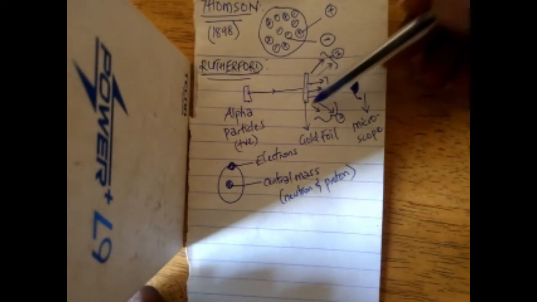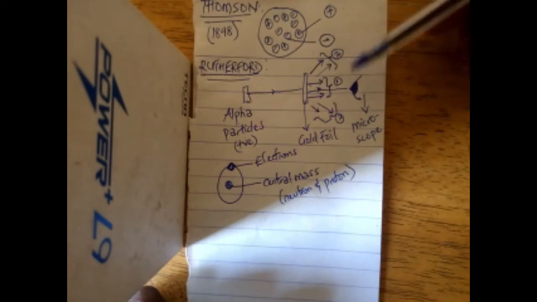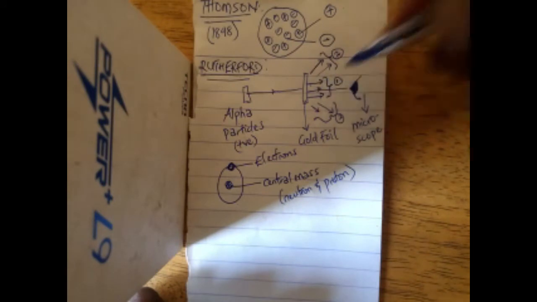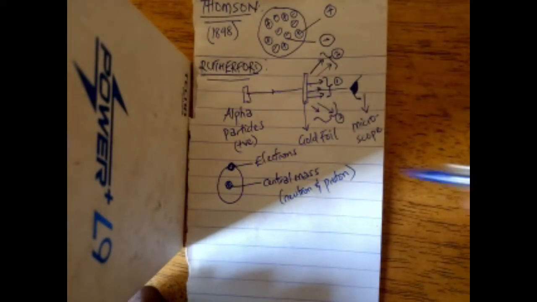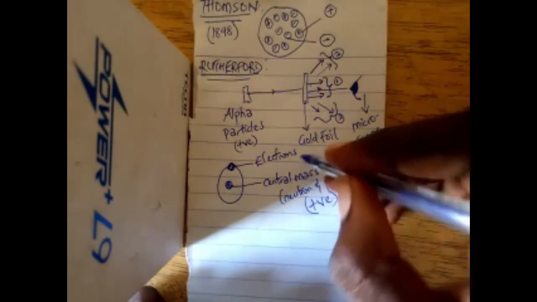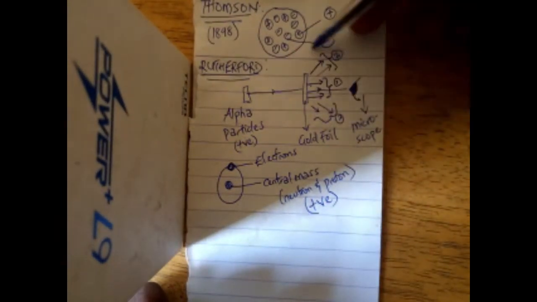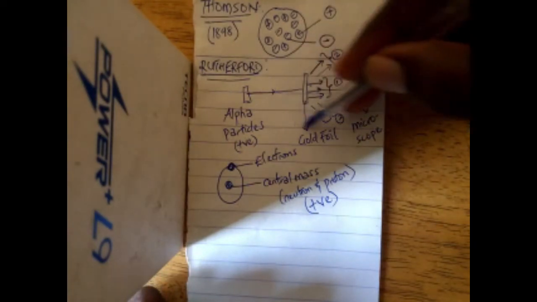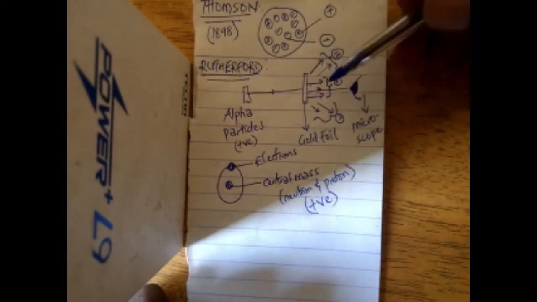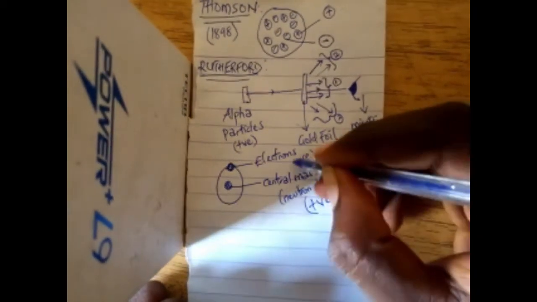Some of these positive particles pass through here. It was also observed that those which were deflected away were due to the concentrated positive charge of the nucleus. The nucleus is relatively positive in charge, and those that were deflected were as a result of the external field of negative particles, which is as a result of the electrons.